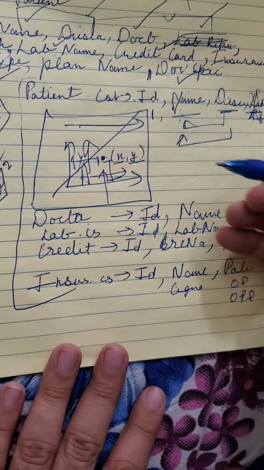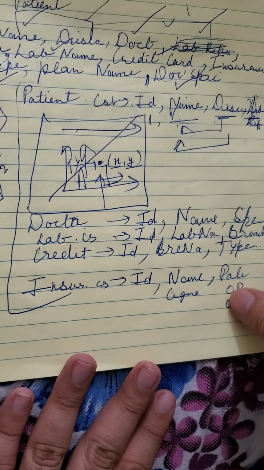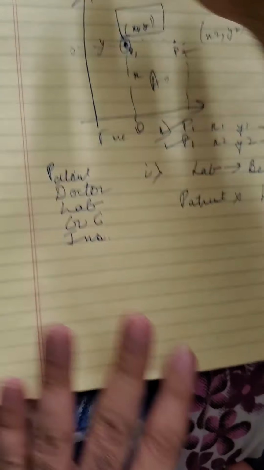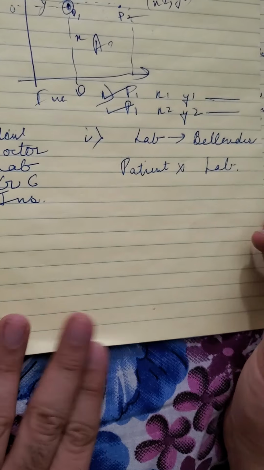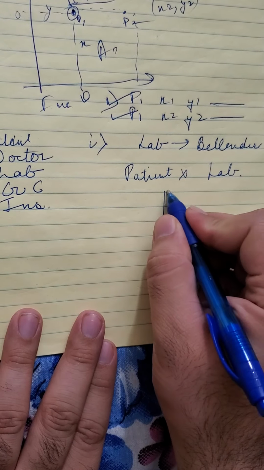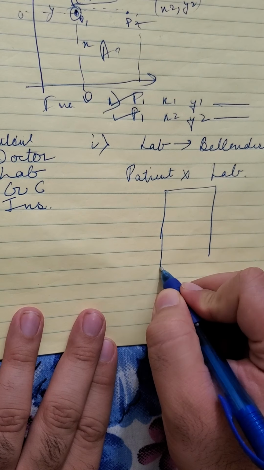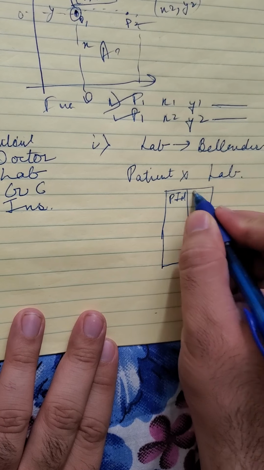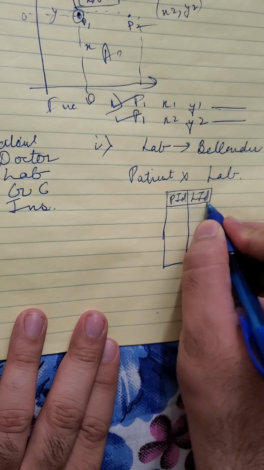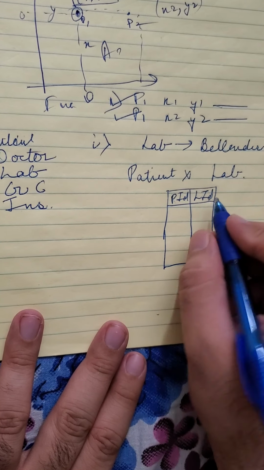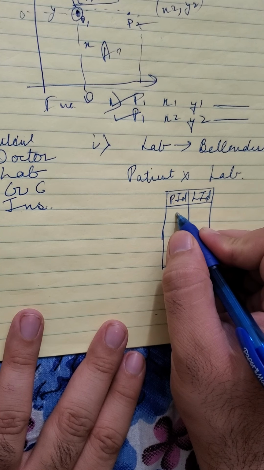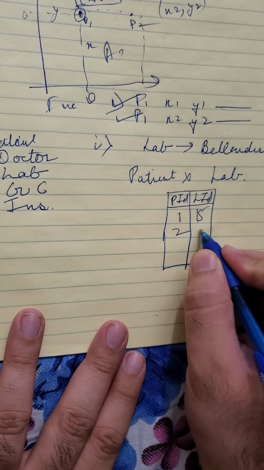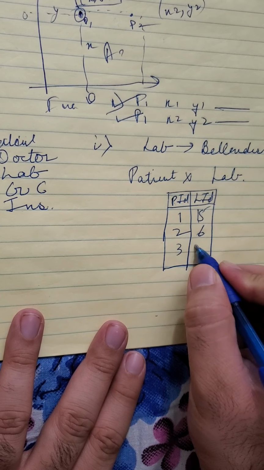How do we connect? This is how I connect. I am going to create a fact called patient in lab, where it will have PID and LID mapped to each other, which is, for example, whatever, 1 to 15, 2 to 6, 3 to 24.